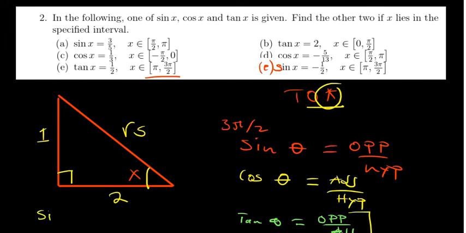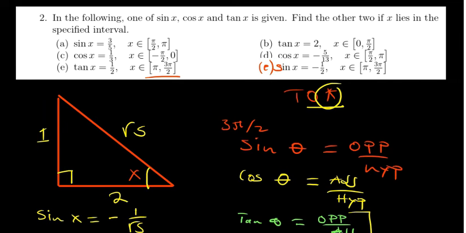So sine of x will be negative, the opposite is 1, hypotenuse is root of 5, and then for cosine of x, the adjacent is 2, so negative 2 over root of 5. Okay, I hope you understand.